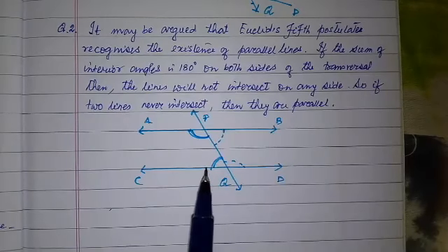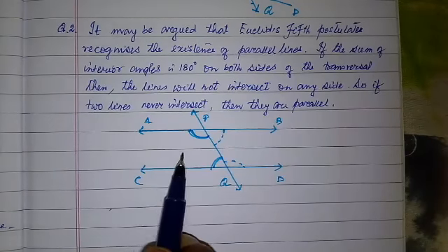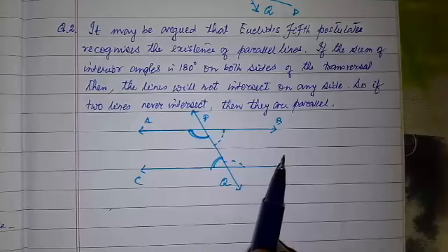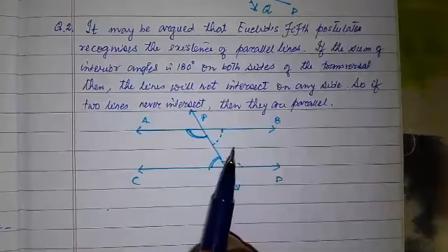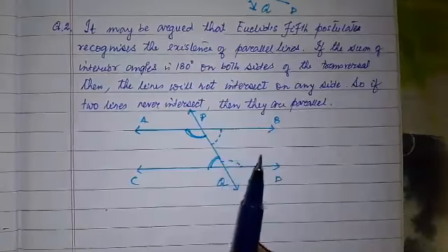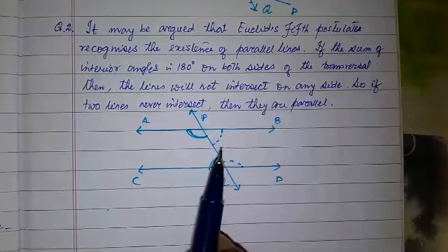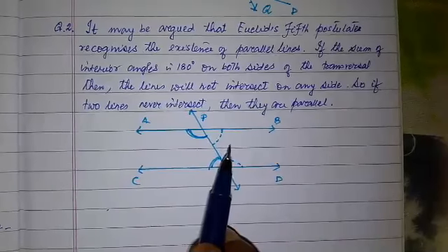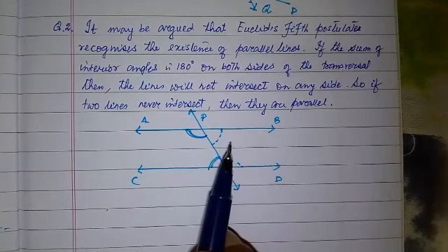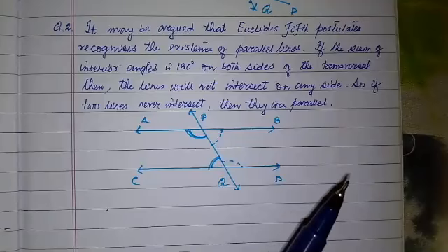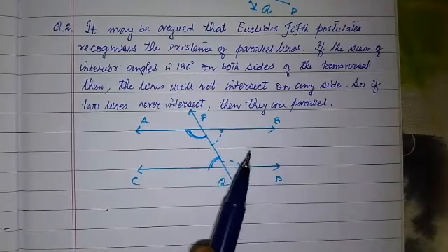So if two lines never intersect, they are parallel. Thus from Euclid's fifth postulate, we get directly or indirectly, basically indirectly, the idea of parallel lines and non-parallel lines.